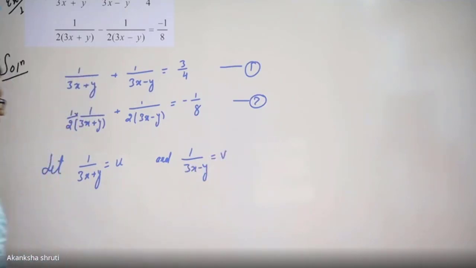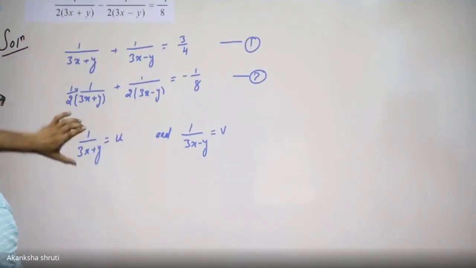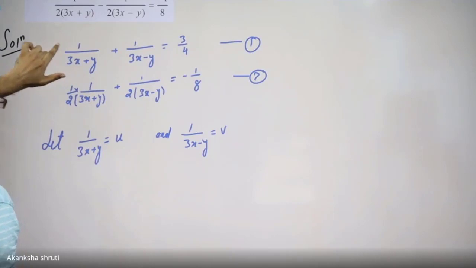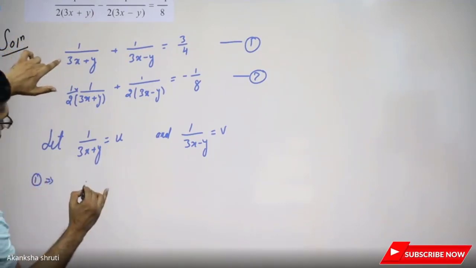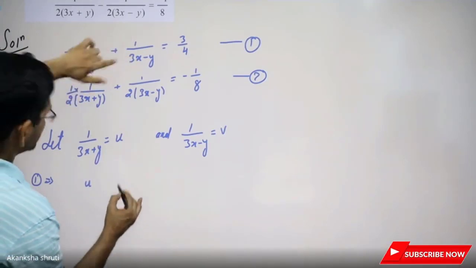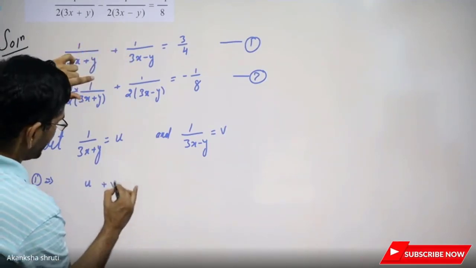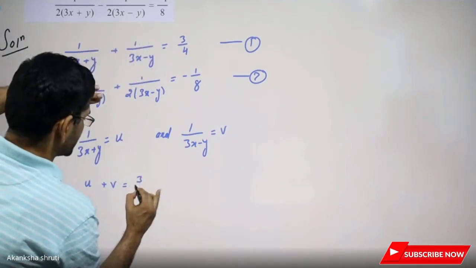These two assumptions we are going to use. Students, substituting this much as u, the equation 1 becomes u only. This entire term is u. This left hand side entire term is v. Right hand side is as it is. Do not touch it.